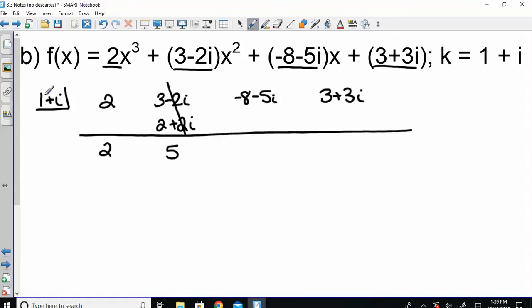If I distribute my 5 through here, we get those, the 5 i's drop. Negative 8 plus 5 is negative 3. Multiply negative 3 times 1 plus i. And this time everything cancels and we get a 0. That's my remainder, my constant x and x squared.